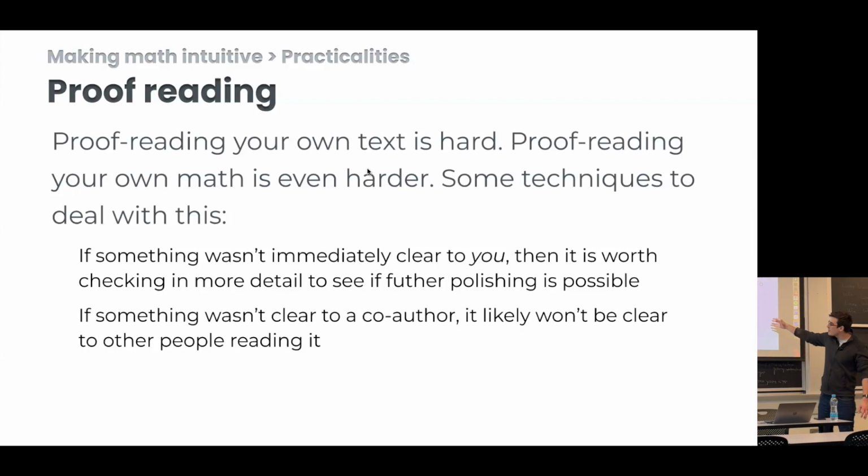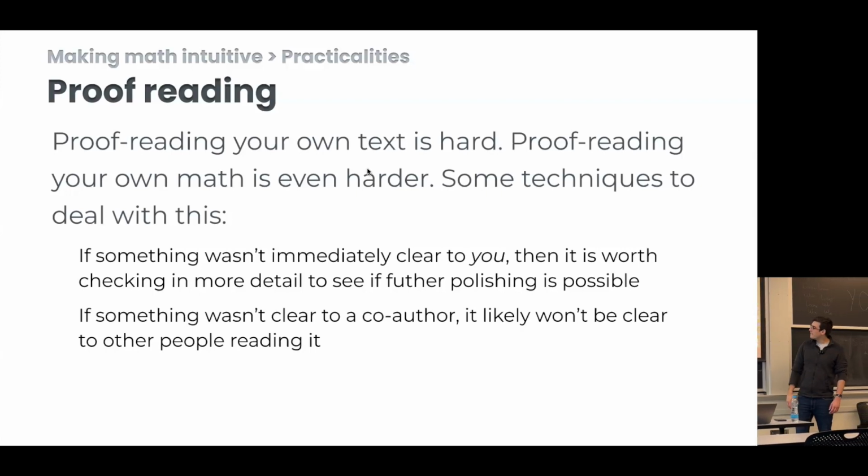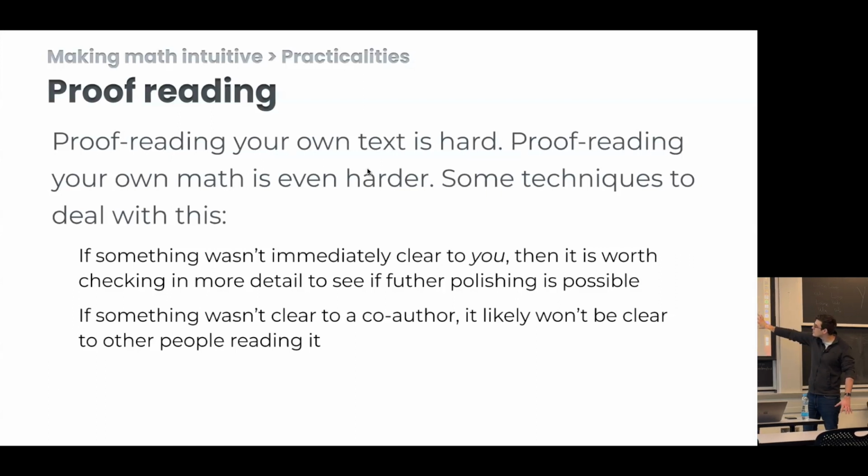More generally, if you have co-authors, something that took me a while to get, and I think this is a really good proxy when you're writing a paper and want to figure out what to invest time on: if there's anything that wasn't clear to a co-author, then it definitely won't be clear to other people.